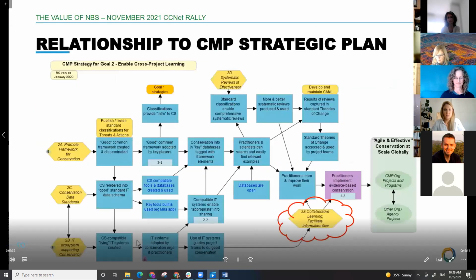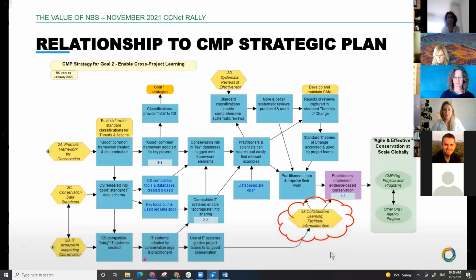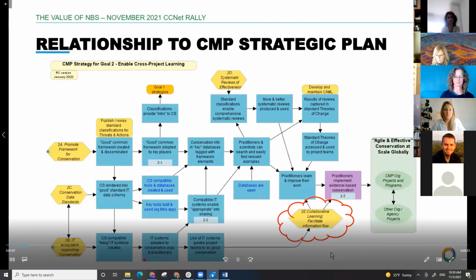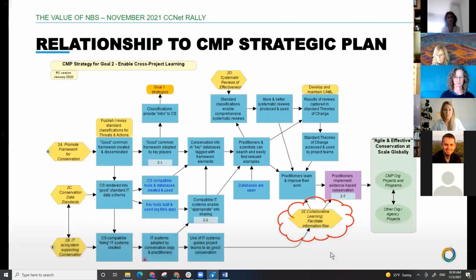So where the nature-based solution initiative fits into what is happening within CMP. So as Caroline said, there's lots of initiatives that CMP is supporting through the collective impact and collective learning program.